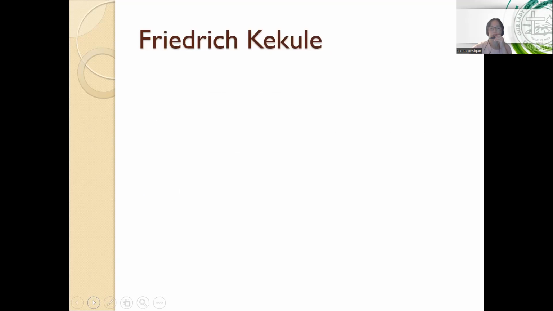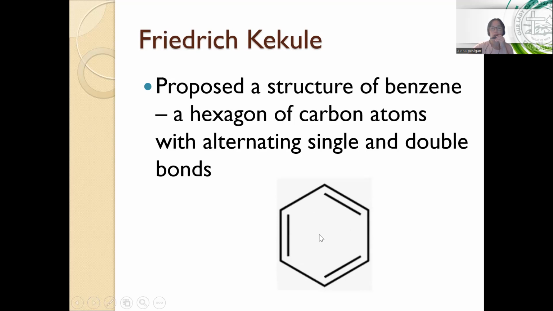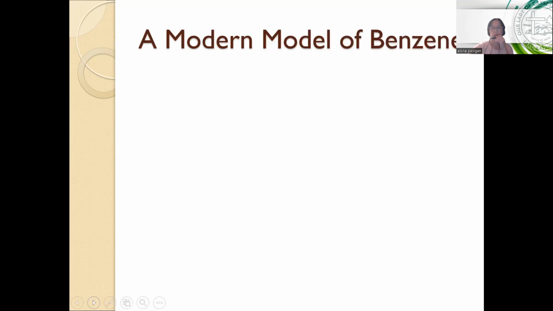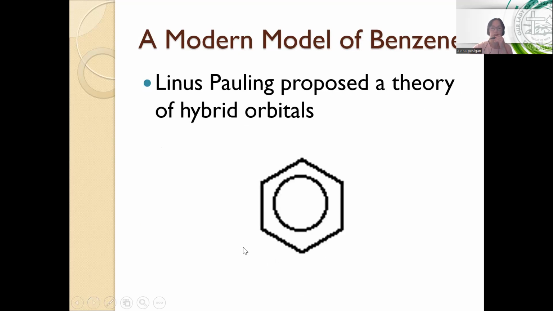Friedrich Kekule proposed a structure of benzene, a hexagon of carbon atoms with alternating single and double bonds. This is the proposal of Friedrich Kekule on the structure of benzene. And Linus Pauling, for the modern model of benzene, proposed hybrid orbitals, and this is how benzene looks like.